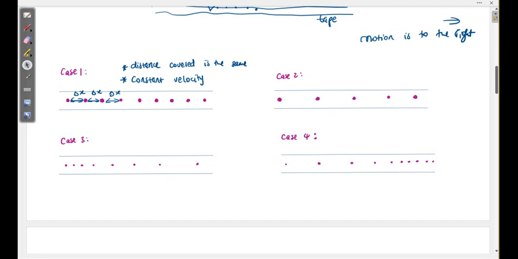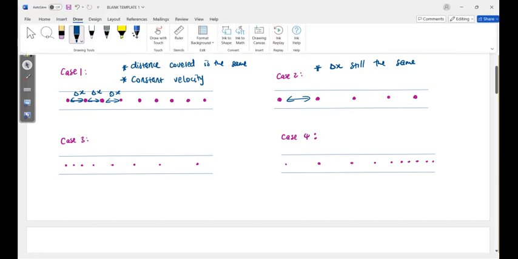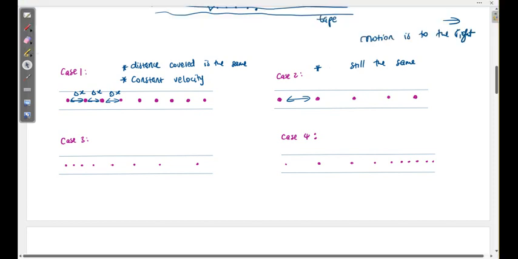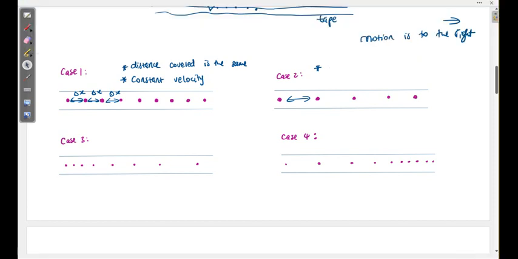Great. And then case number 2 here, the distance covered is still the same, right? So change in x here is still the same in terms of the distance covered. So they have equal distance. In fact, let's write it this way. Instead of saying change in x, let's say equal distance between dots. Is that okay? Yeah.